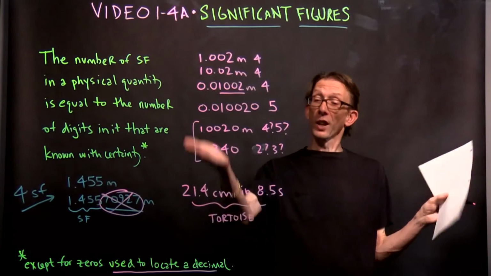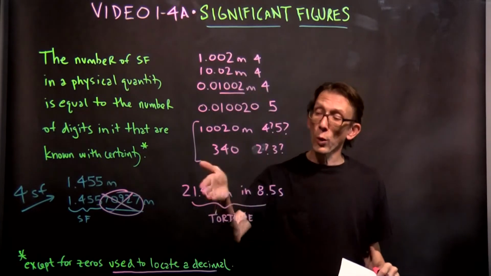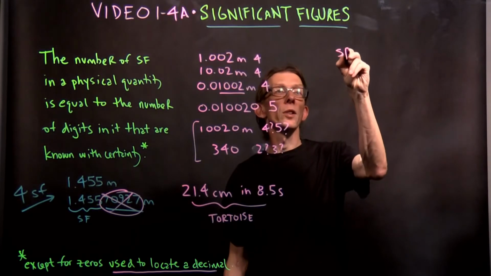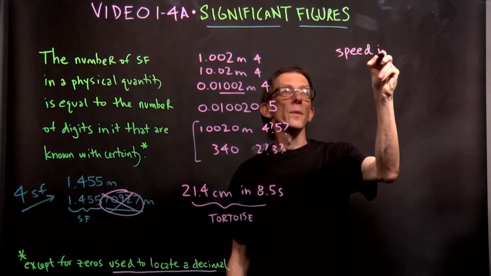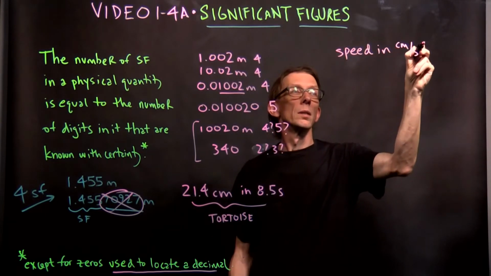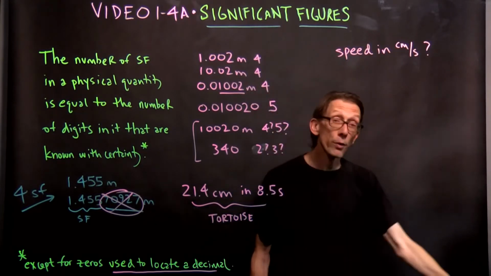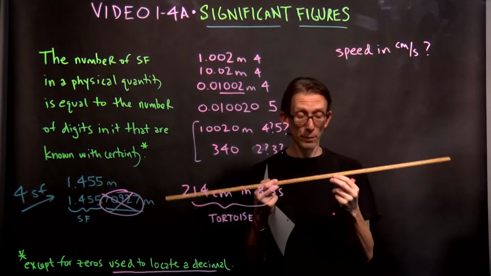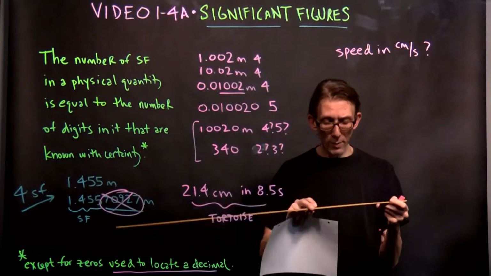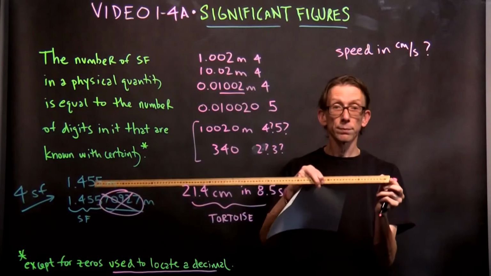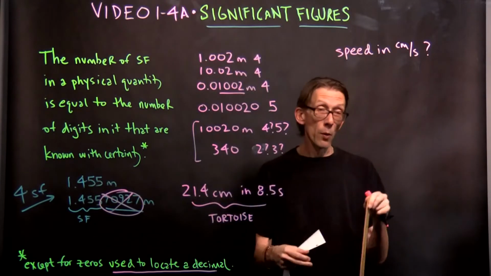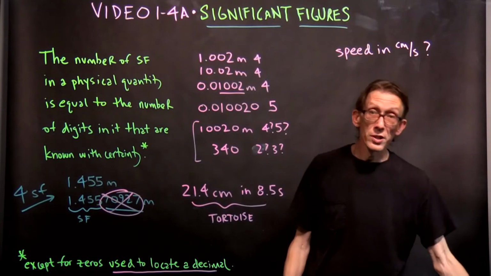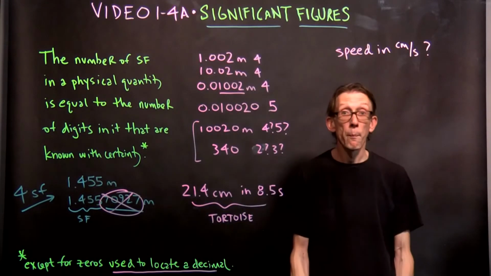We know that a tortoise took 8.5 seconds to travel 21.4 centimeters, and we want to know its speed in centimeters per second. A centimeter, you know, because you're all alert, is 1/100th of a meter. So 21.4 centimeters is about this far. And we want to know how many of those little dashes the tortoise went per second.